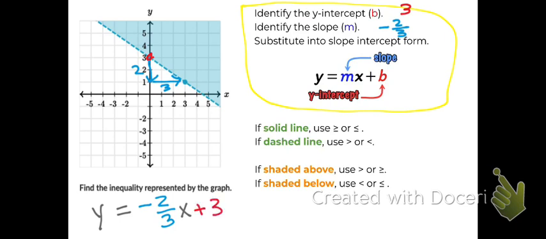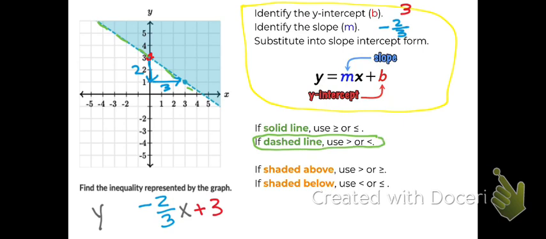So now that we have that, we need to change this to an inequality because it's not equals. So if it is a solid line, it would be greater than or equal to, or less than or equal to. If it's a dashed line, we use the greater than or the less than. And notice we do have a dashed line. So we know it's going to either be greater than or less than.